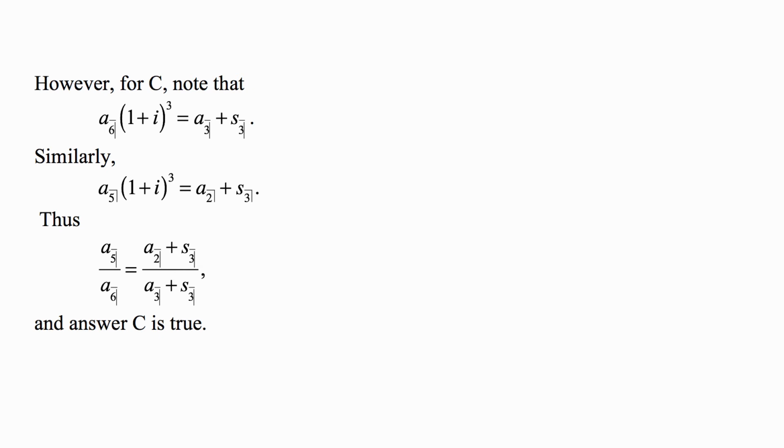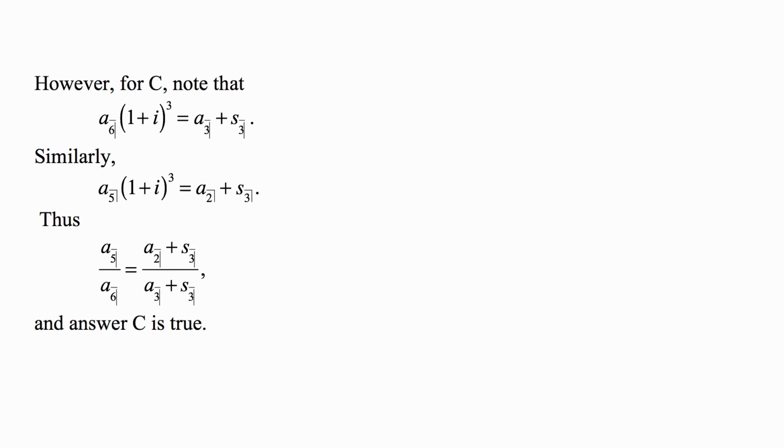So that's why it's a angle 3 plus s angle 3. And similarly, a angle 5 times (1 plus i) cubed moves the valuation to time 3. That's equal to a angle 2 plus s angle 3: 3 payments from the past accumulated by s angle 3, and 2 from the future discounted to time 3.